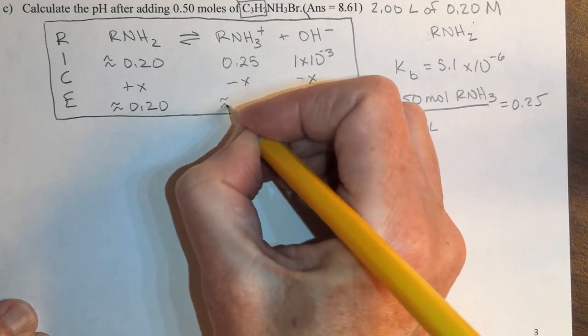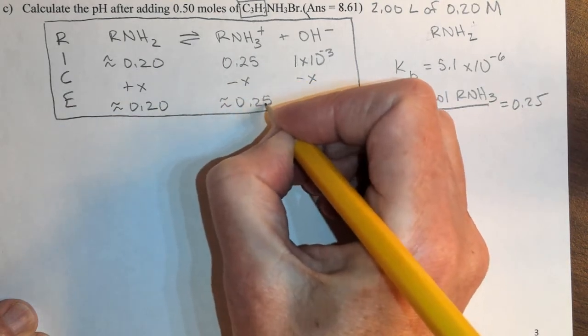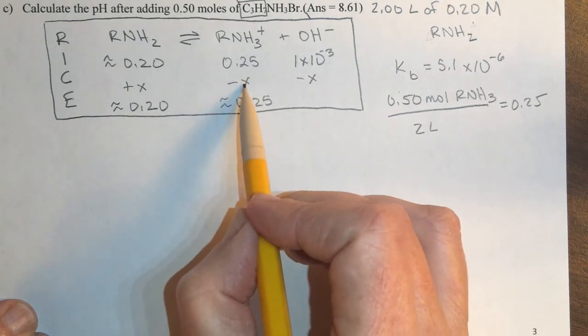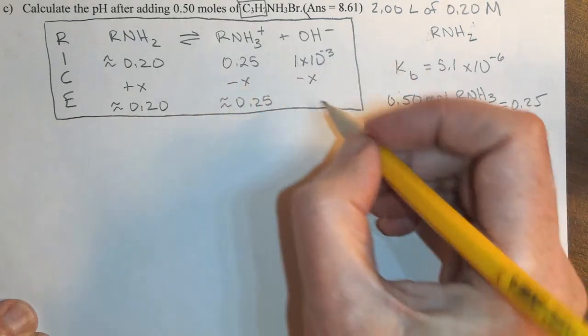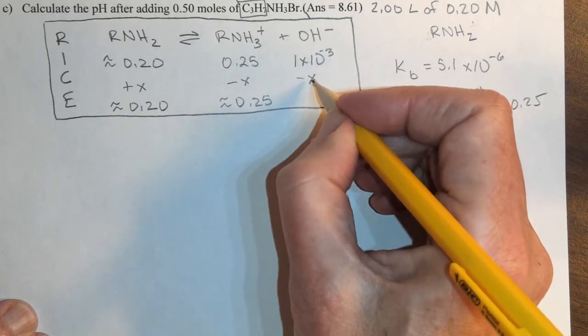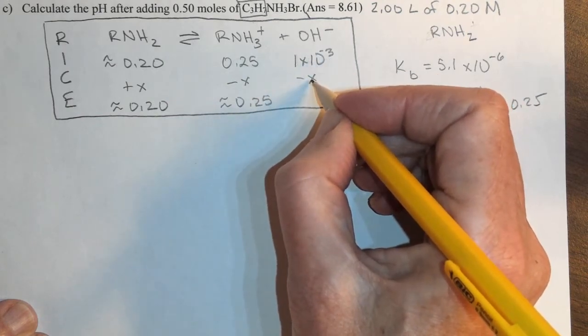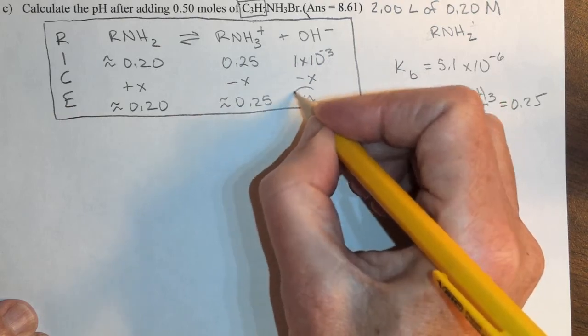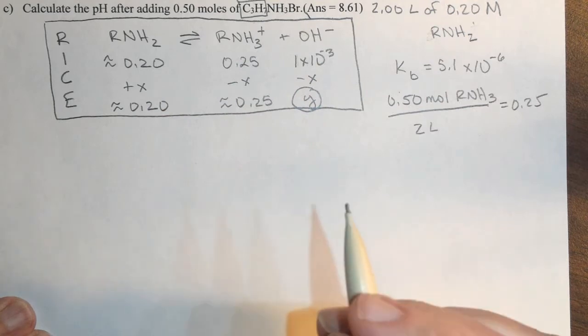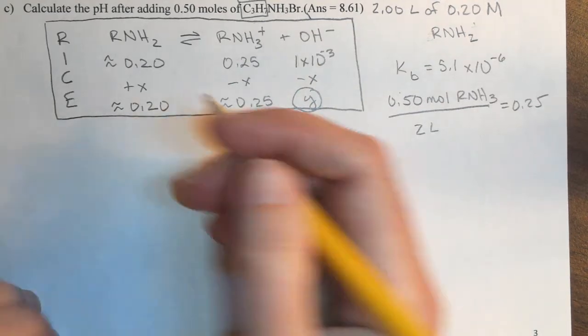This will be approximately 0.25 because this change here is going to be very, very small. And then our answer here, we're going to have 1 times 10 to the negative third minus a very small number. We don't know what that is. Let's have a new variable. We're going to call it y. And that's still going to be equal to our hydroxide concentration.